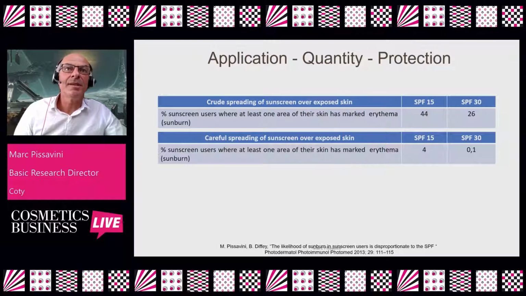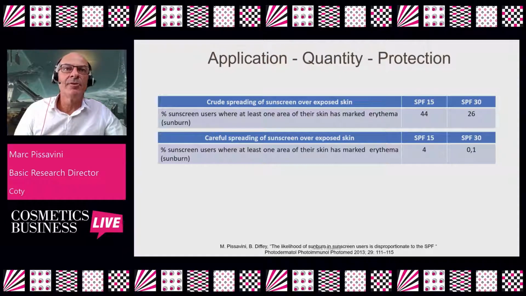So what does that mean? If you apply crudely an SPF 15, you have a 44% chance of risk of having a marked erythema. If you use an SPF 30, the risk is lower, 26%.